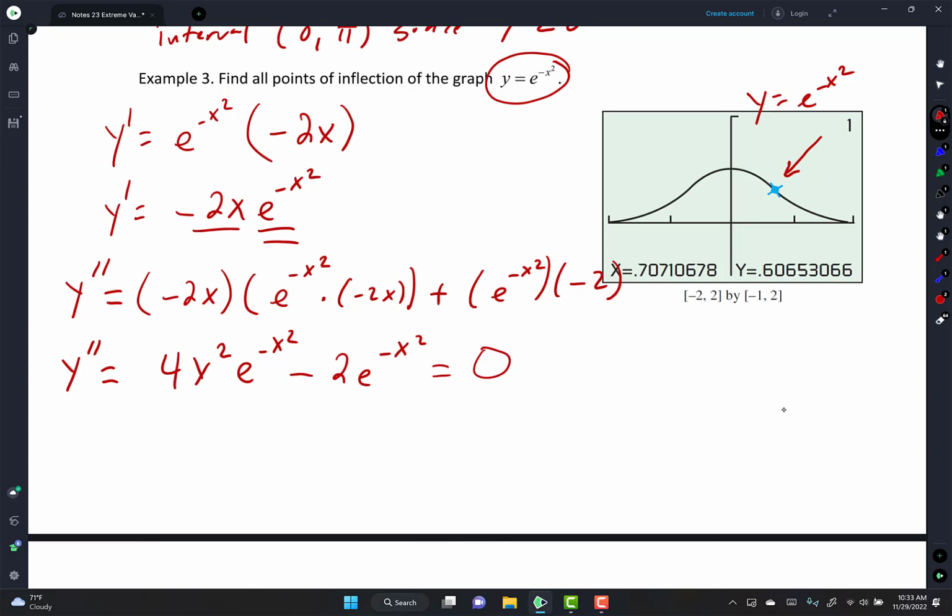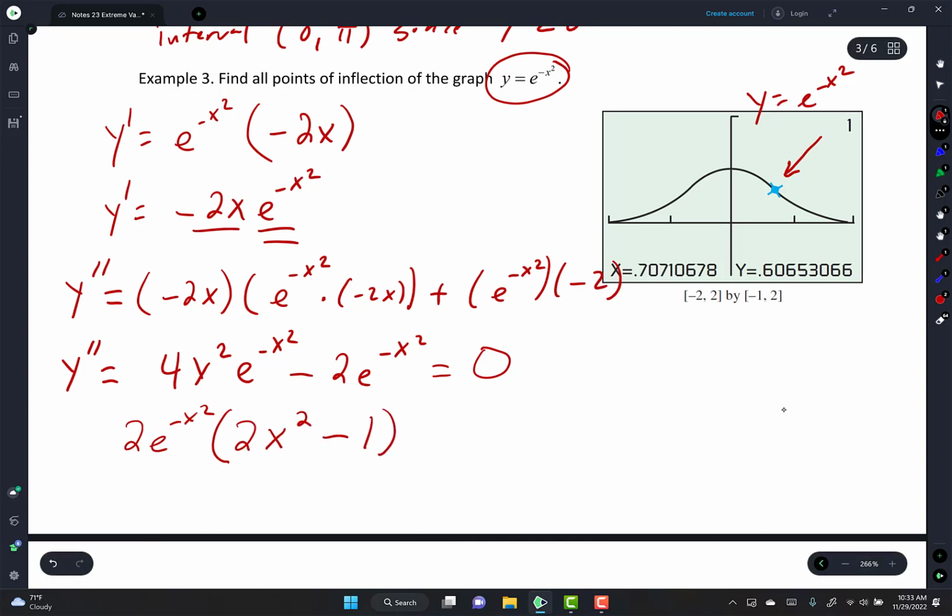So I'm setting it equal to 0. It looks like I can factor out 2e to the negative x squared. If I do that, I'm going to have 2x squared minus 1 equals 0.